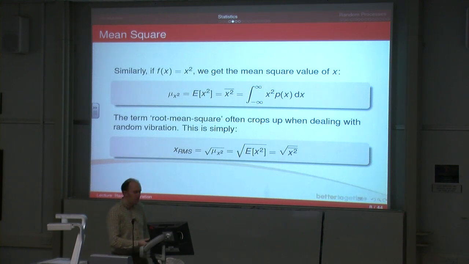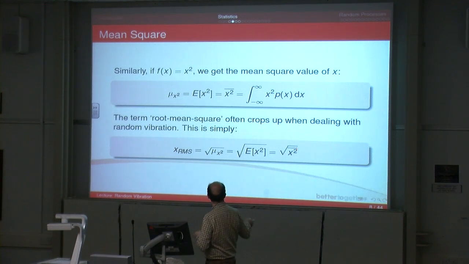It's the square root of this term, because it's the square root of the mean square. This is what the mean square is, you take the square root of it, and you get the root mean square. Like I said, it's a statistical measure of the magnitude of the varying quantity, and we'll come across this later on.